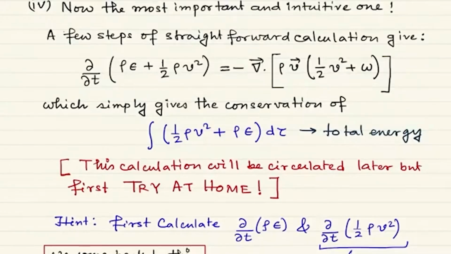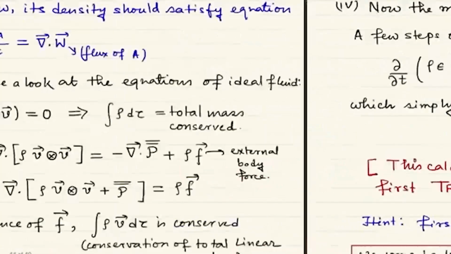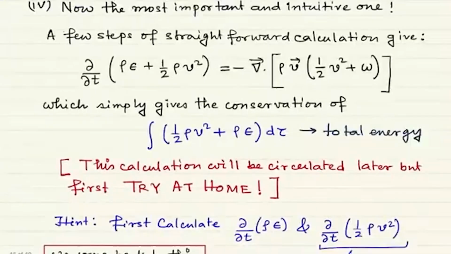Here ω has a different meaning, I'm sorry for this, so this is not ω. I should have written something like h. So please check what h is over here.